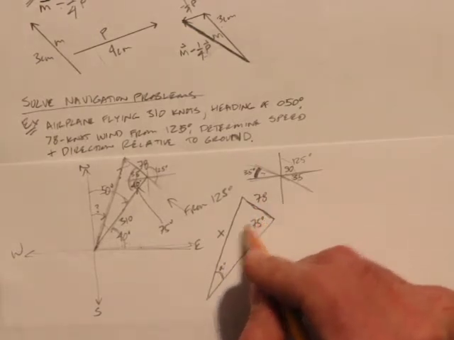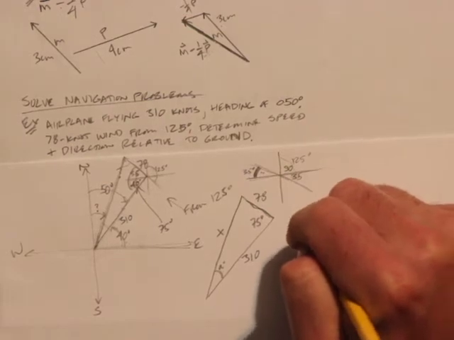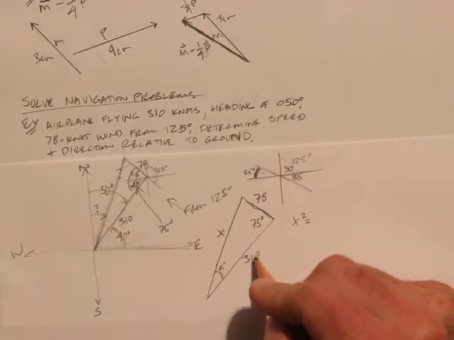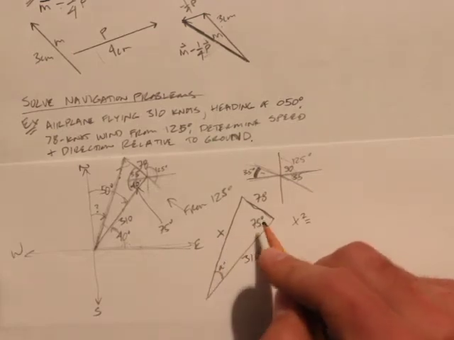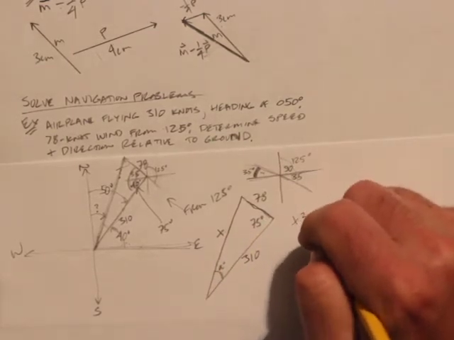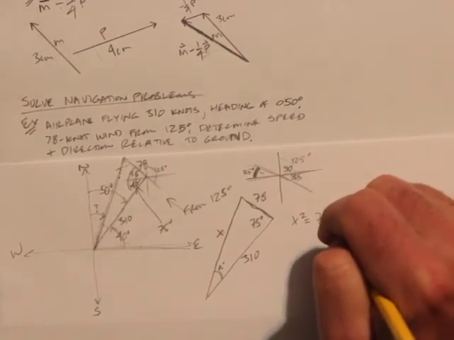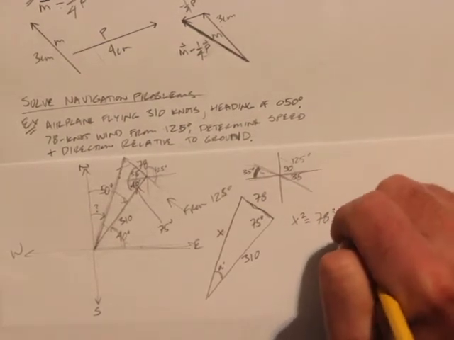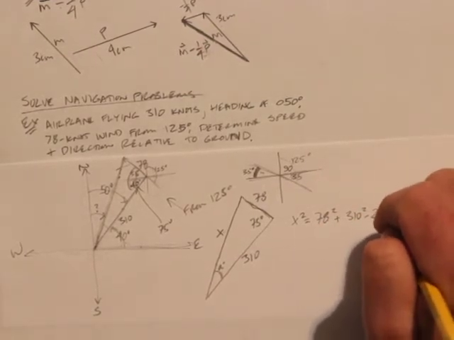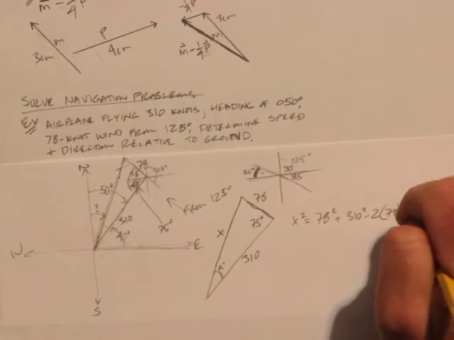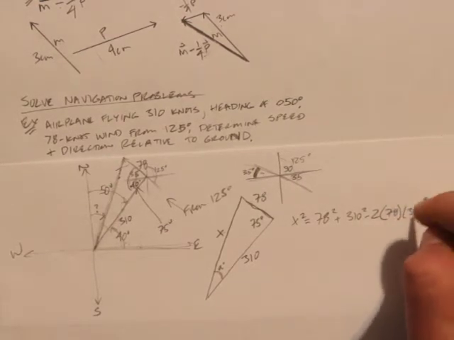So we're going to say x squared, that's what I want to know, equals the two sides that I do know that are not across from the angle. So that's 78 squared plus 310 squared minus 2 times those two, 78, 310, times the cosine of 75.